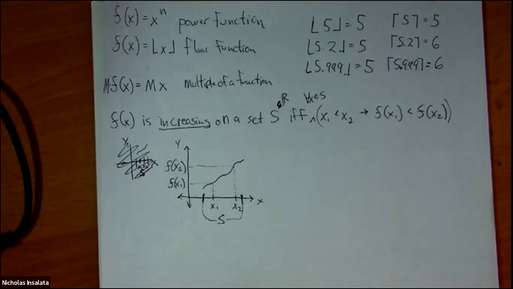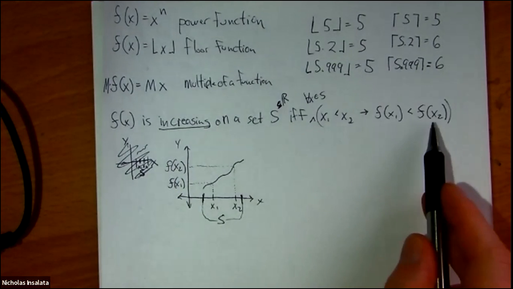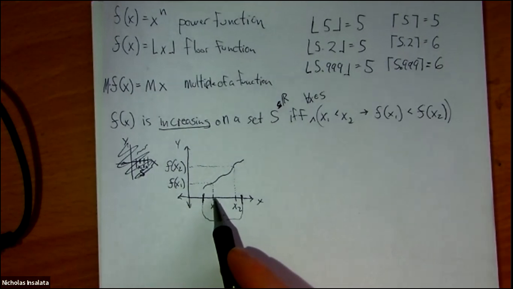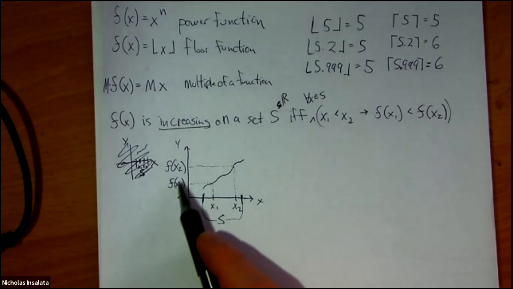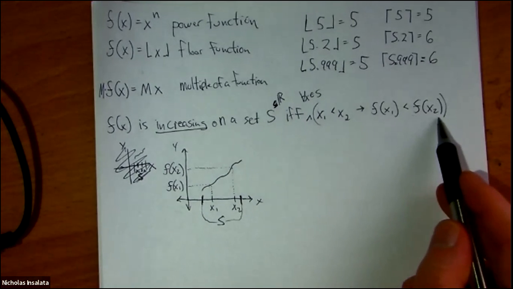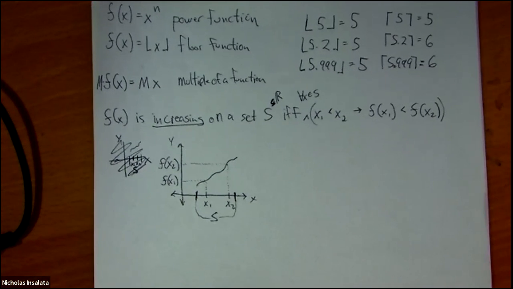Does that make sense? You see how that makes it increase with this description here, right? Because as the x's move farther to the right, the y values of those x's have to be getting bigger and bigger, right? People happy with that? Questions?